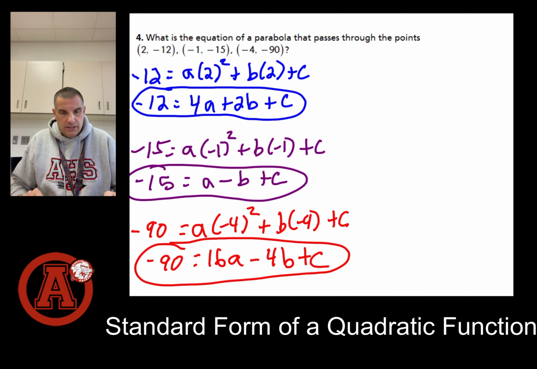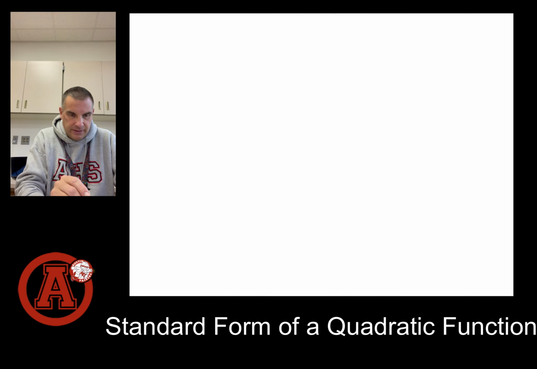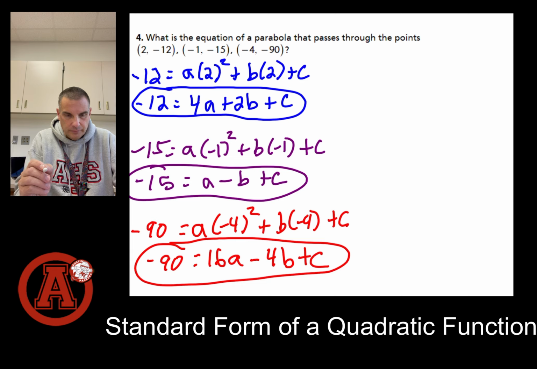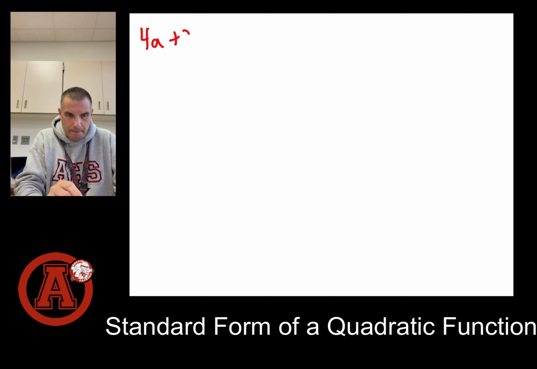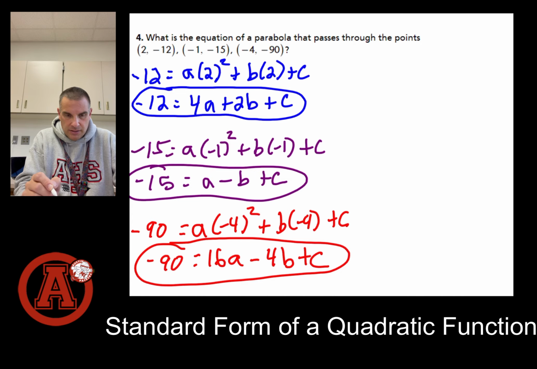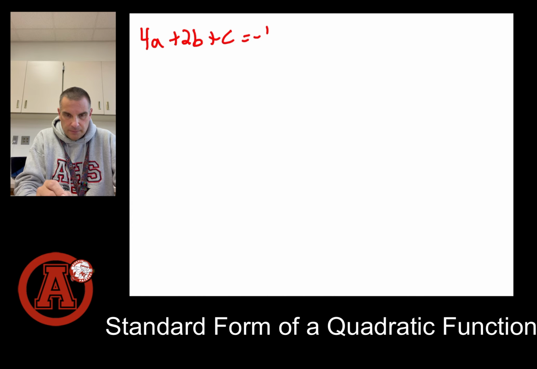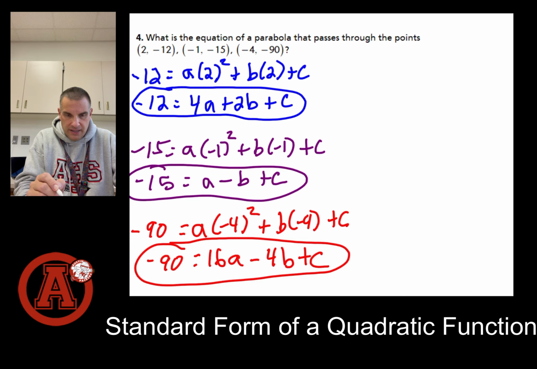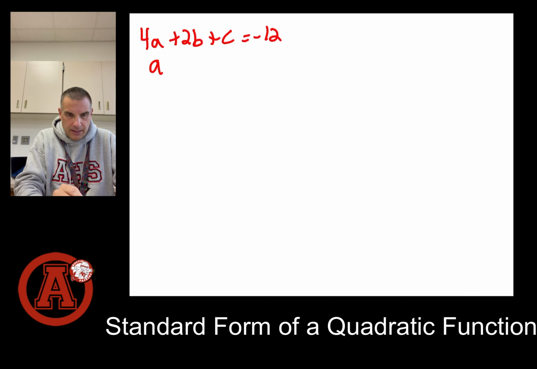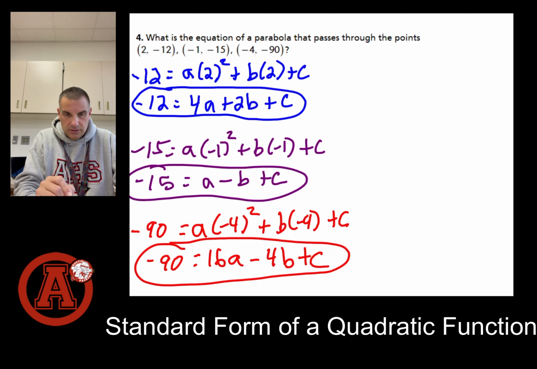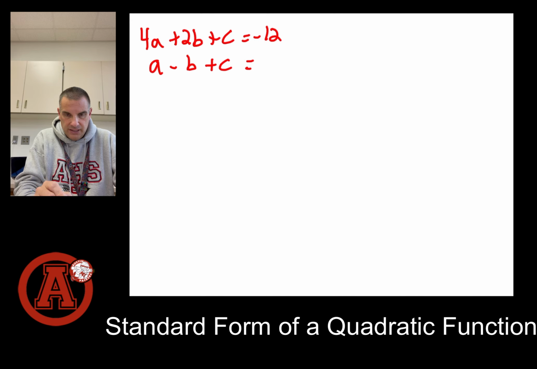All right, so now we need to solve the system. We're just going to rewrite them. So we've got 4a plus 2b plus c is equal to negative 12. We've got a minus b plus c is equal to negative 15.